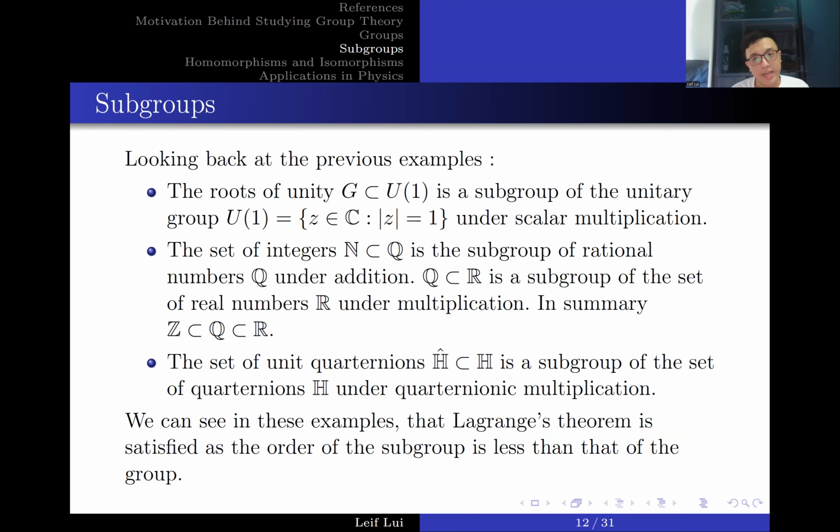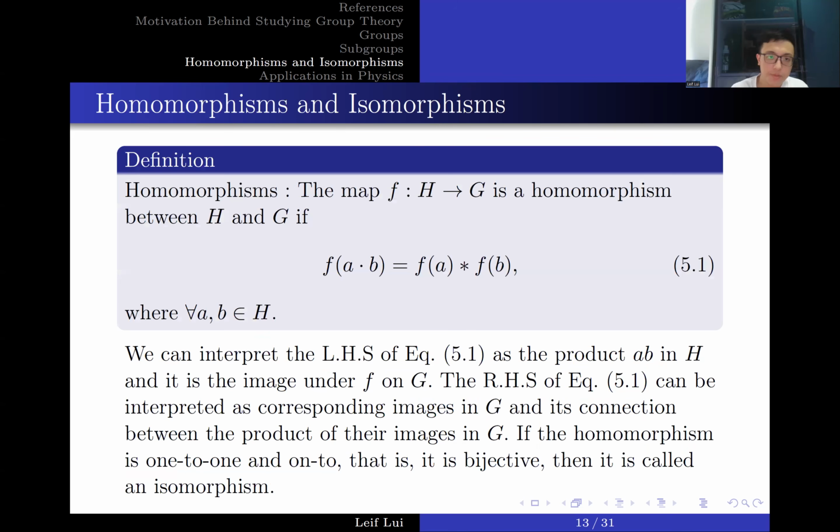They include any scalar multiple in front of these and the addition of the i, j, k's and 1. So this is a larger group. So we can see in this example, Lagrange's theorem is satisfied as the order of this subgroup is less than that of the group.